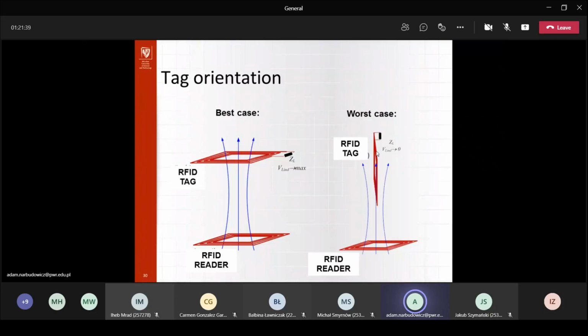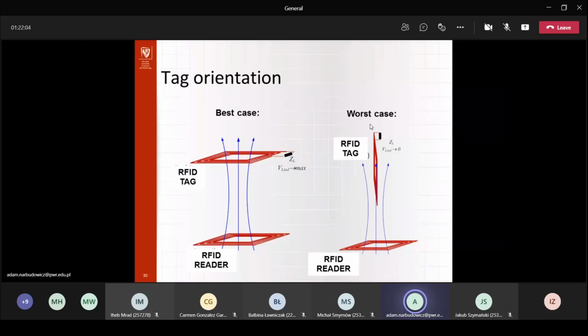Then the effective area of the coil over which it can interact with the changing magnetic field is very limited.